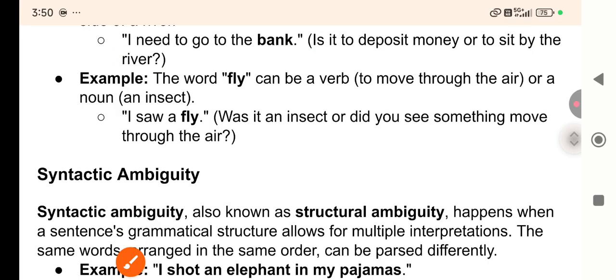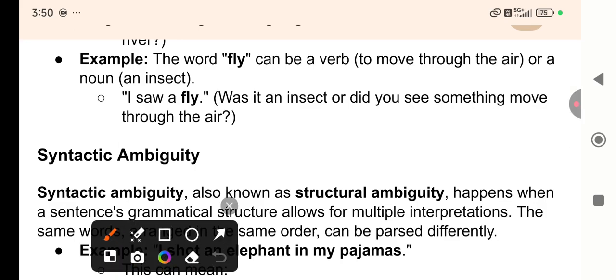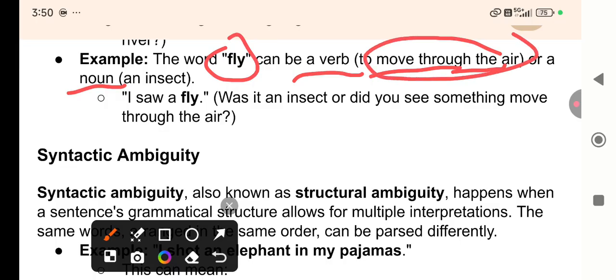Number two is that the word fly can be a verb and a noun. Fly as a verb means to move through the air. I will fly tomorrow means my flight is tomorrow. But suppose you are talking about an insect, and the sentence is, I saw a fly.